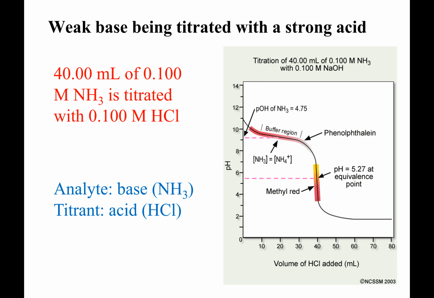There's the pH of the solution at the equivalence point. So before the equivalence point, buffered solution. At the equivalence point, it's driven by the formation of this NH4+, the conjugate acid.